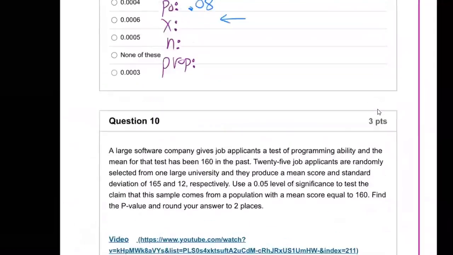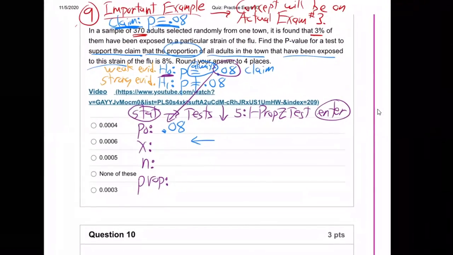So it's the number being asked for. So what number is being asked for? 3% of 370. Yeah, we're talking about the number of adults.